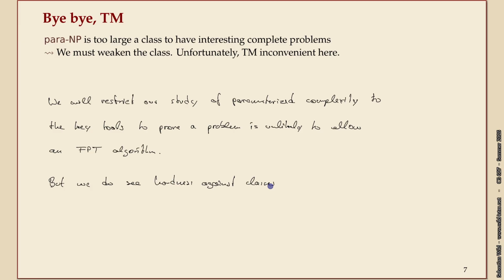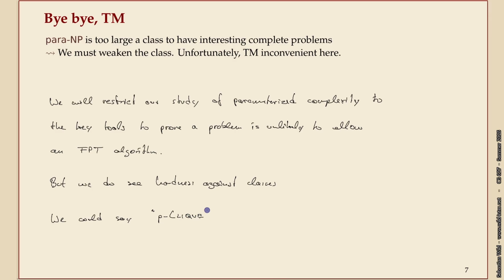So here, for example, we could just say that the parameterized clique problem seems hard, and then try to reduce problems just to that.